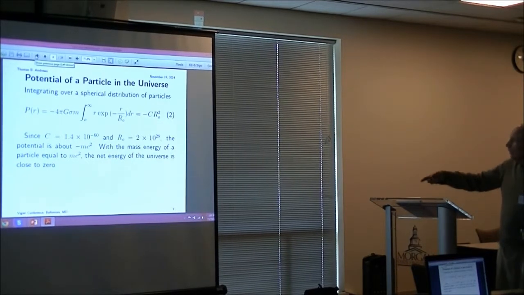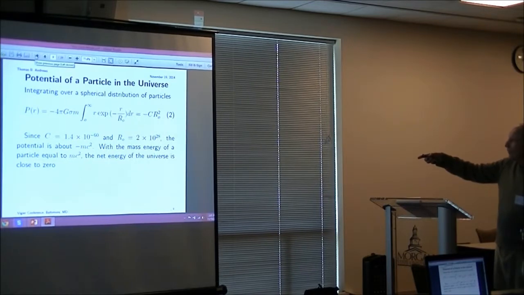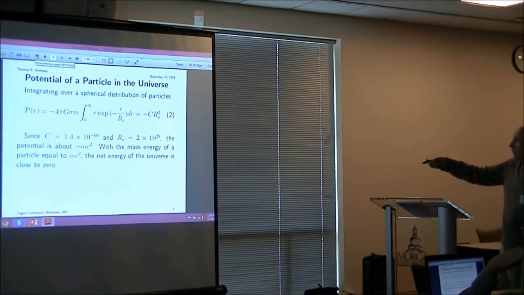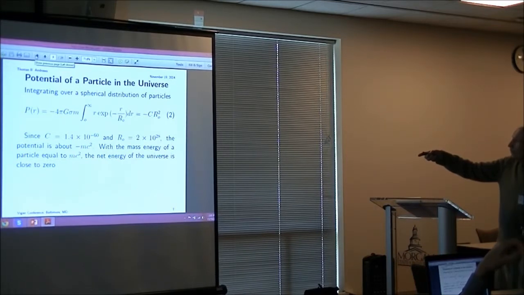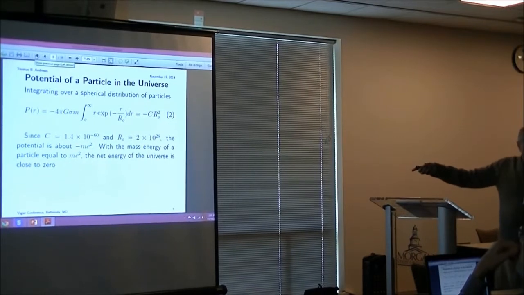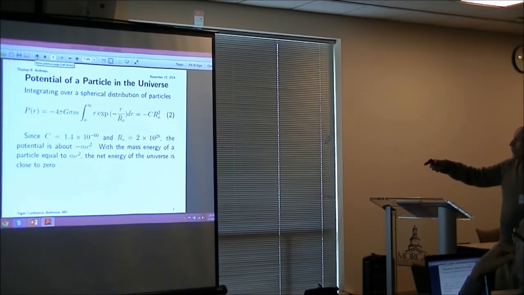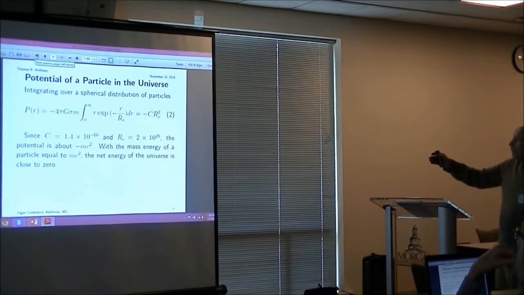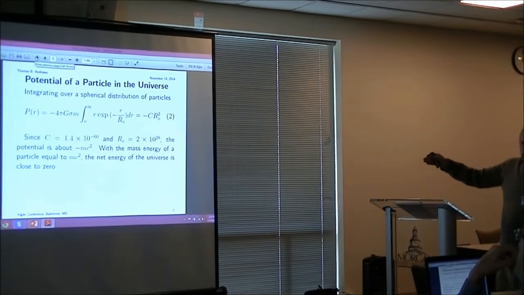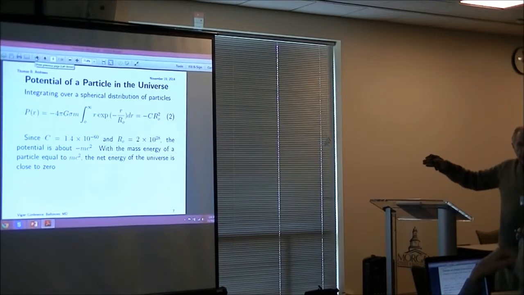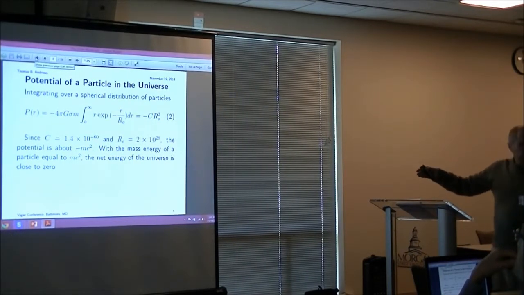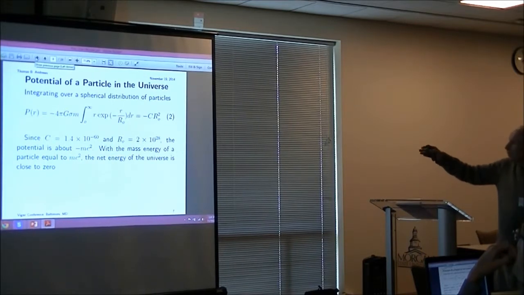Okay. The R exponent minus R over R0, you integrate that. The R there means that it is R squared over R, R squared because the number of galaxies would increase as R squared, and you're dividing by the potential R, so you have R there.